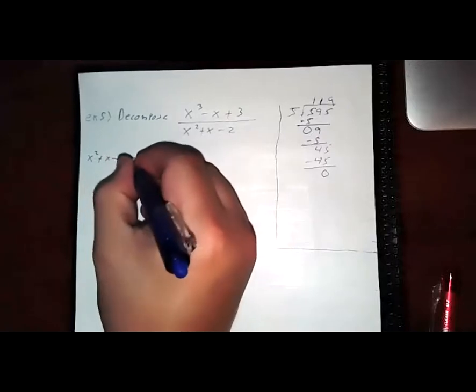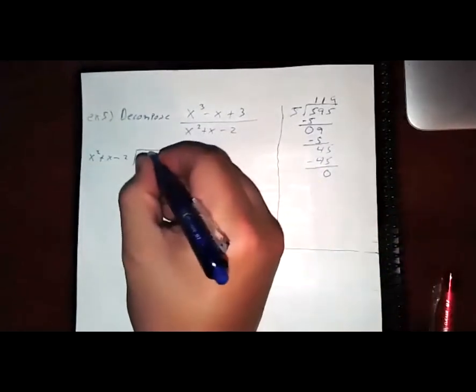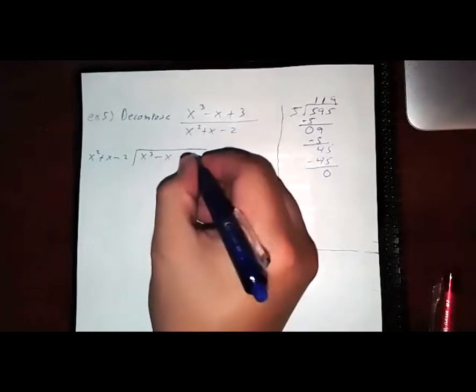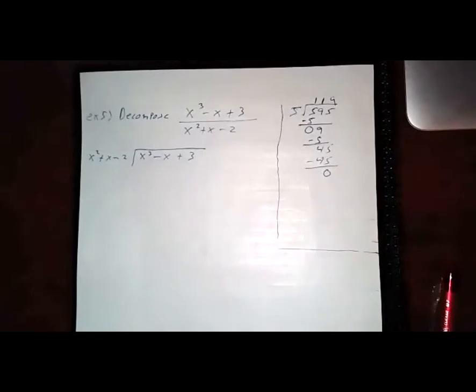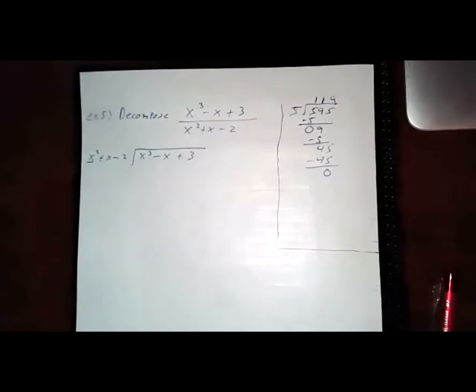And that goes into the x cubed minus x plus 3. Now, there's only one minor difference when you do this division, is you're only going to use this guy, this first one, to do all the dividing.